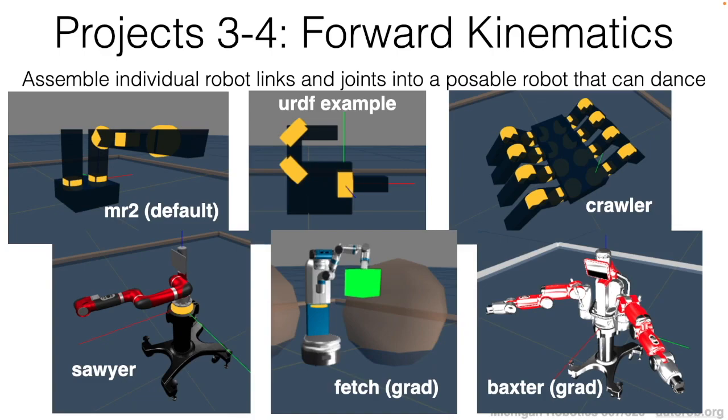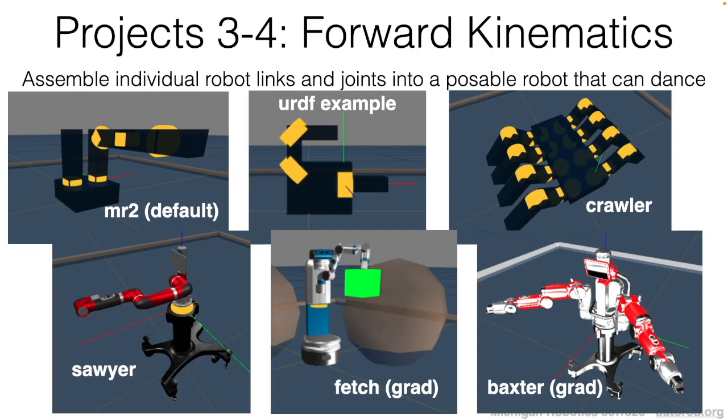For projects 3 and 4, we're going to be focusing on forward kinematics, where our goal is to assemble individual robot links into their proper configuration making up the robot structure. Then in project 4, we're going to be controlling that robotic structure to still satisfy a valid configuration such that it could perform a dance.